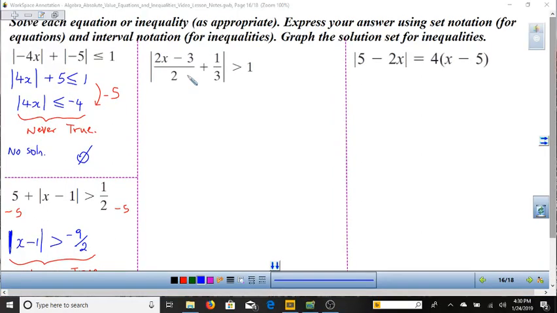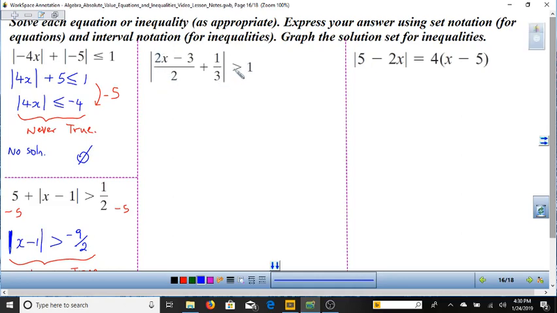Okay, so let's take a look at the next example. This one looks a little complicated, but it's not really. It's just fractions. It's a linear inequality, and we will go about it as before. The absolute value is isolated on one side. It's a greater than sign.